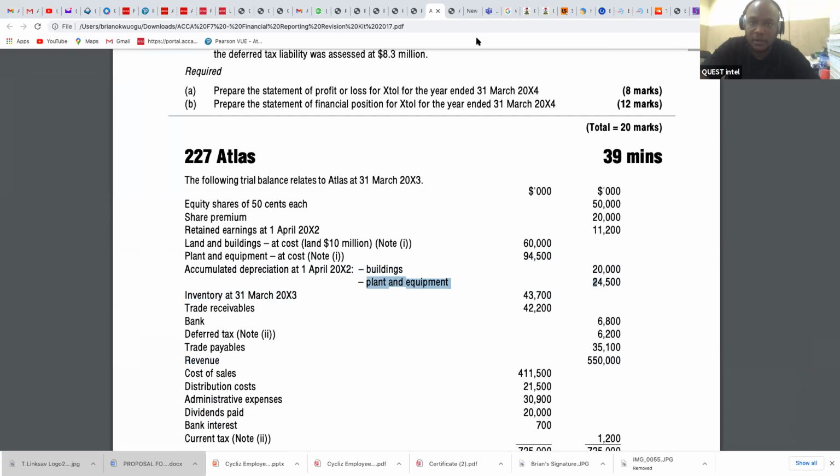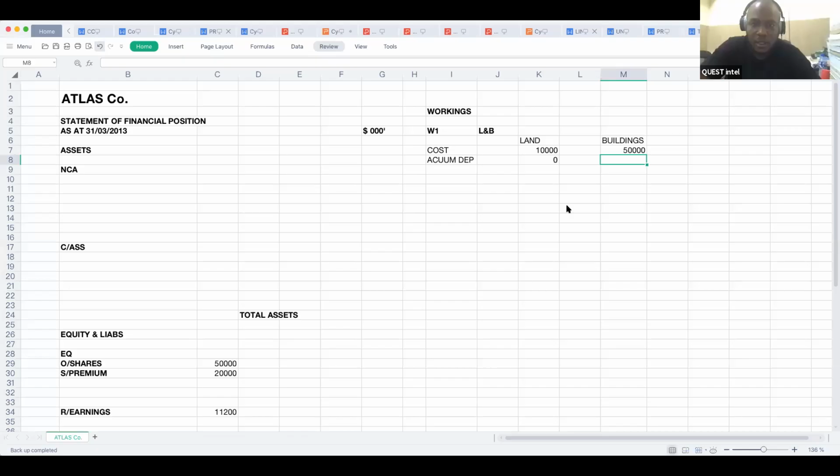That clear? Yes. Great. All right. So back. And so we have our accumulated depreciation at 20,000. Great. So we now have, from there, our carrying value.